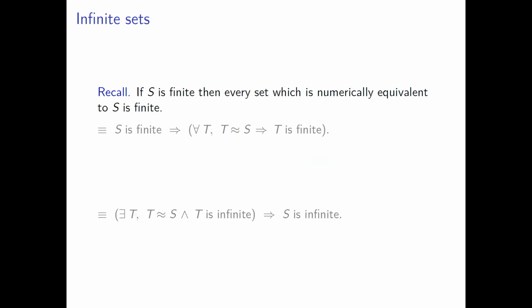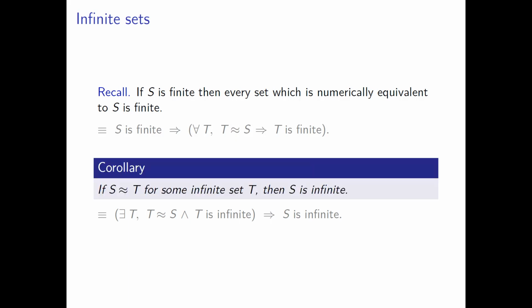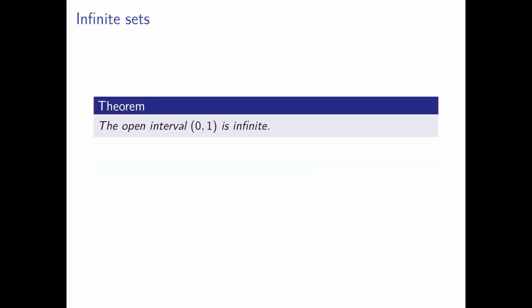This is equivalent to its contrapositive, which is the statement if for some set T, T is numerically equivalent to S and T is infinite, then S is infinite. That is, if S is numerically equivalent to some infinite set T, then S is infinite. We will use this result to prove that the open interval from 0 to 1 is infinite.